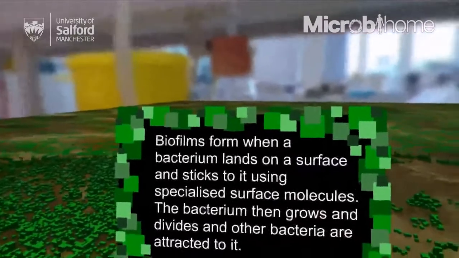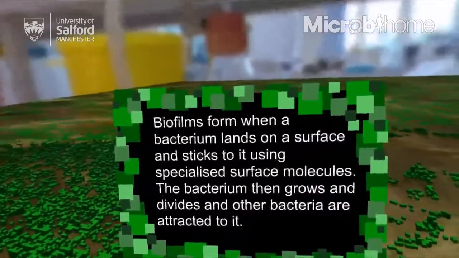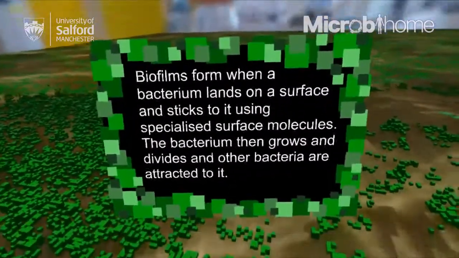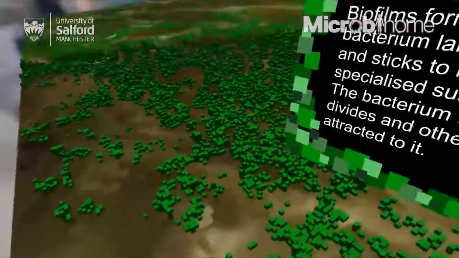Biofilms form when a bacteria lands on a surface and sticks to it using specialized surface molecules. That bacteria then grows and divides, and other bacteria are attracted to it.